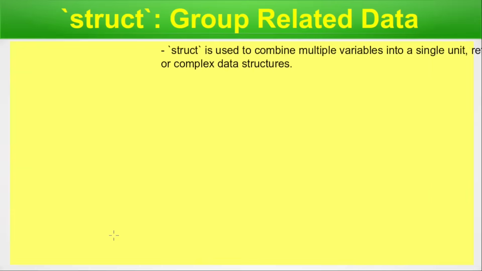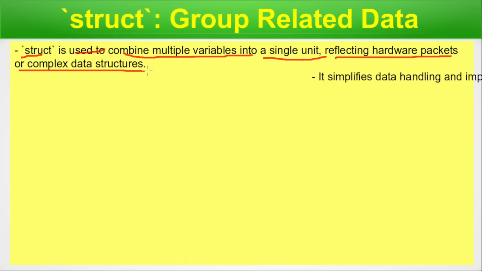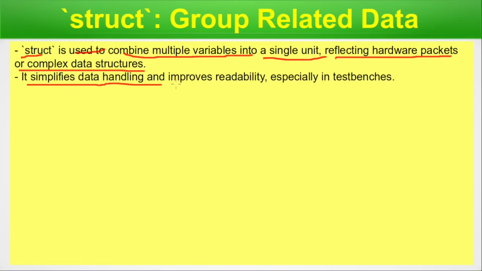Let's look at a simple example of grouping fields into a packet_t structure. Packet_t is our structure here, and it improves both readability and maintainability. The struct is used to combine multiple variables into a single unit, reflecting hardware packets or complex data structures. It simplifies data handling and improves readability, especially in test benches.